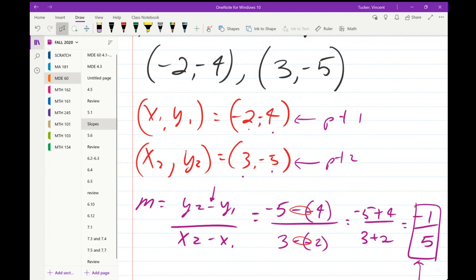So I'm going to do y2 minus y1 over x2 minus x1. So y2 is -5. Y1 is -4. So make sure you're careful. Make sure you don't lose a negative. There's a minus sign in the formula, and we're plugging in -4. So that should be -5 minus -4.